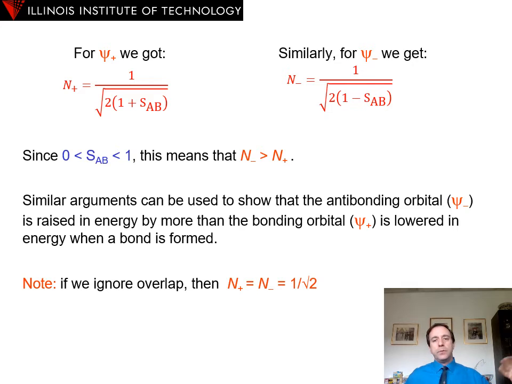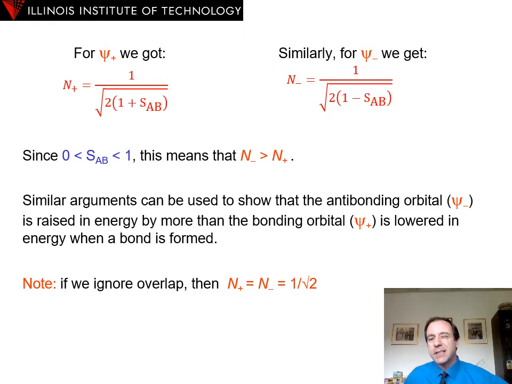You can prove it yourself by going through this pretty simple math on the last slide, but do it for the psi minus wave function, and you'll see that you get a very similar result, except that the sign inside the radical in the denominator on the S sub AB has flipped. So it is going to be minus S sub AB rather than plus S sub AB.